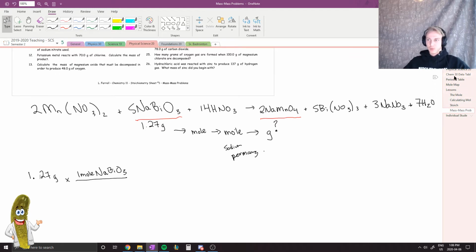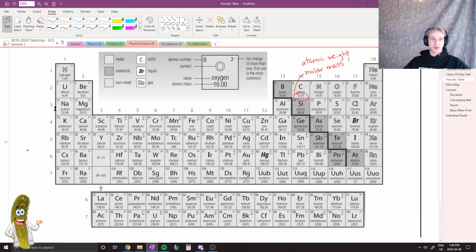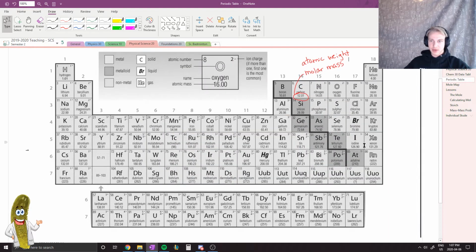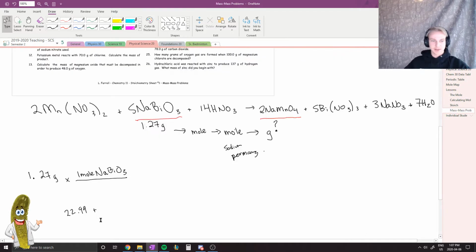What we need here is to go to the periodic table and add up the molar masses. Sodium is 22.99, and there's only one of those. Then I add in the mass of bismuth, which is down here: 208.98.